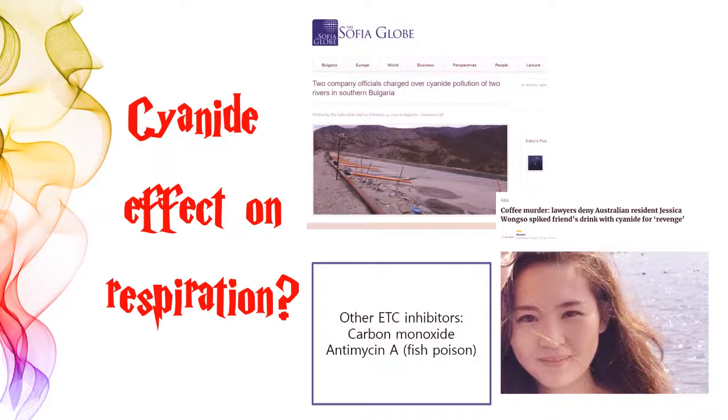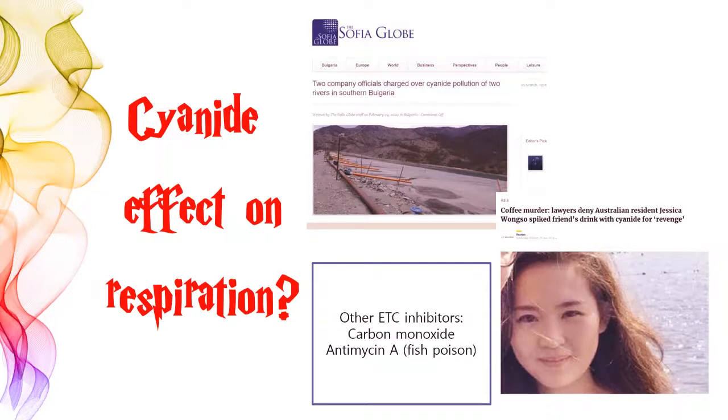Cyanide can inhibit the last cytochrome in the electron transport chain, which is cytochrome A3. If cyanide binds on this cytochrome, then the electrons will not be able to reach the oxygen, and all the electron acceptors will be filled with electrons, as the flow of electrons will be blocked.